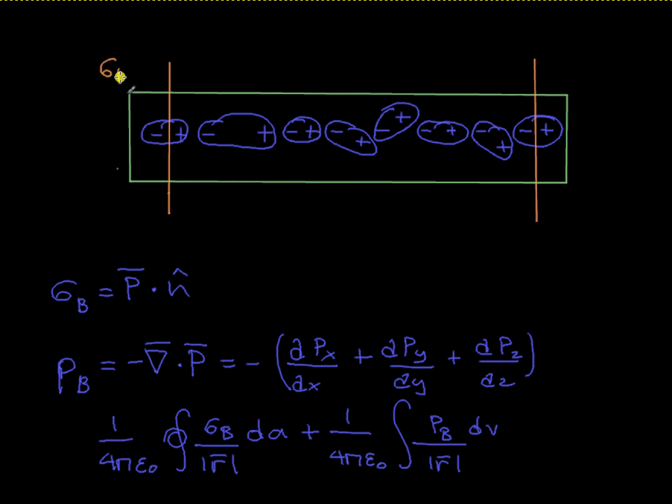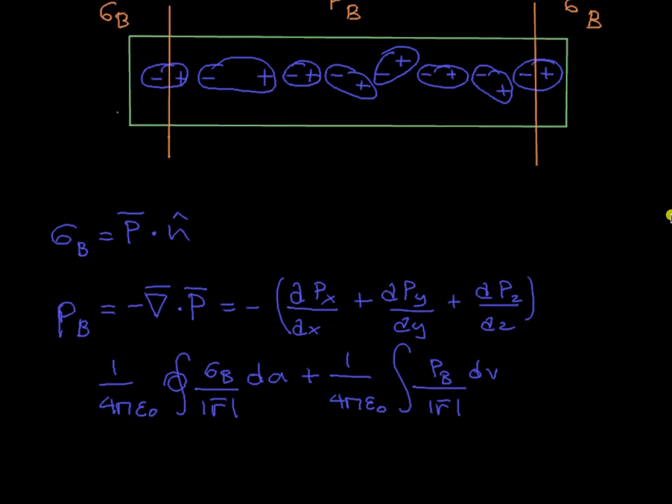So here I will have some surface charges, and here I will have some surface charges, and whatever is going on inside in the interior, not on the surface, I will take it into account by using that volume charge density of the bound charges, and this will depend on the divergence of polarization in the inside.